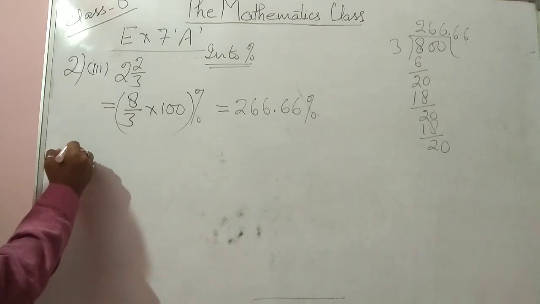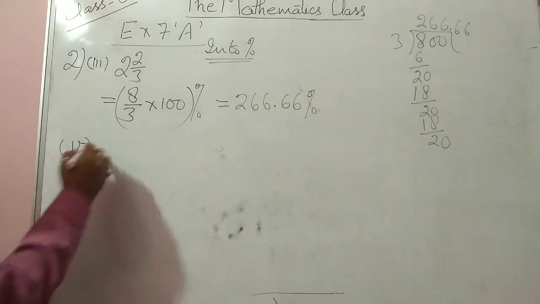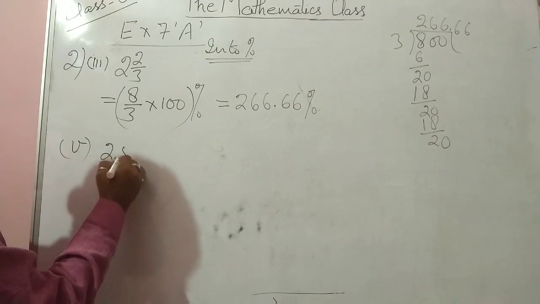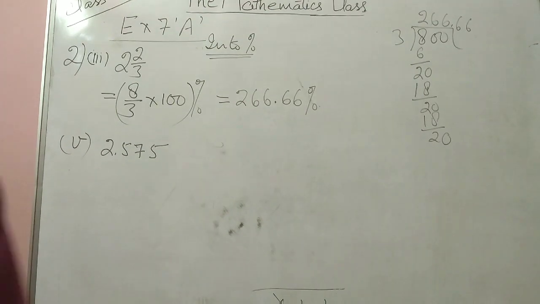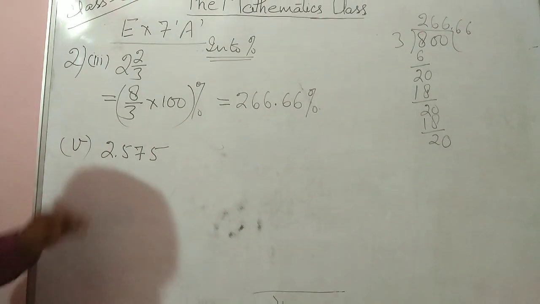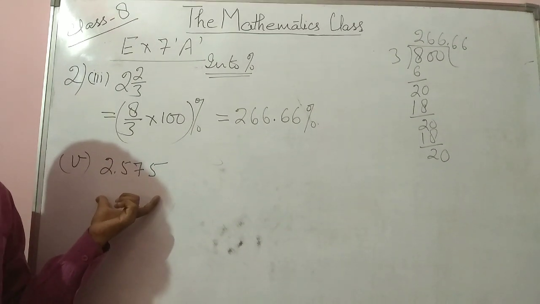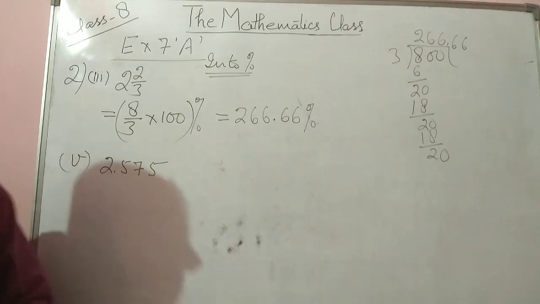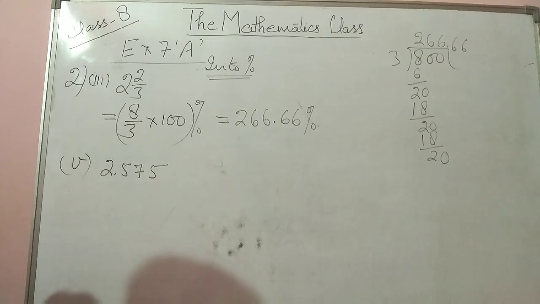Similarly, the fifth part I am doing. Fifth part is 2.575. Now it is given in the decimal form, and we have just now studied that if we have to convert a decimal number into a percentage, we simply multiply that given decimal by 100.